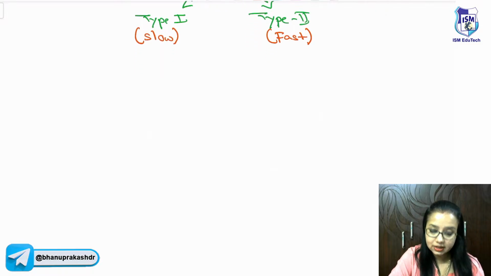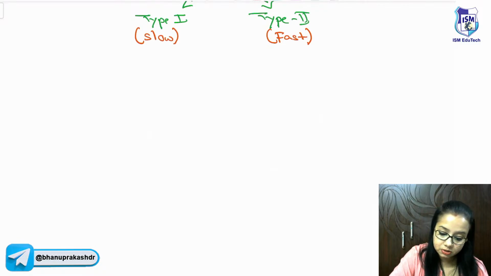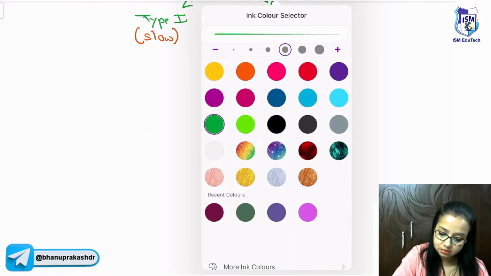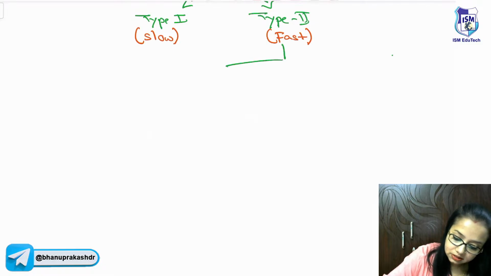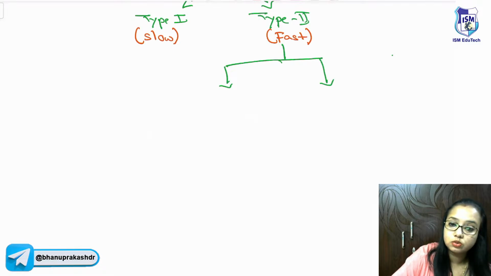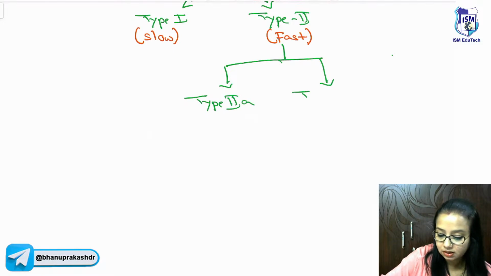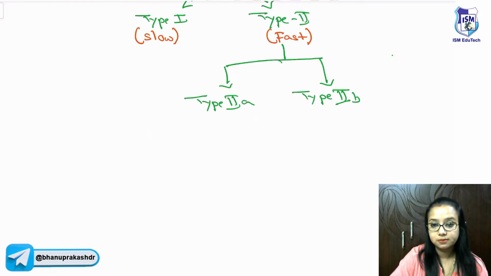Now this type 2 muscle fiber is further divided into two more types. One is type 2A and type 2B.